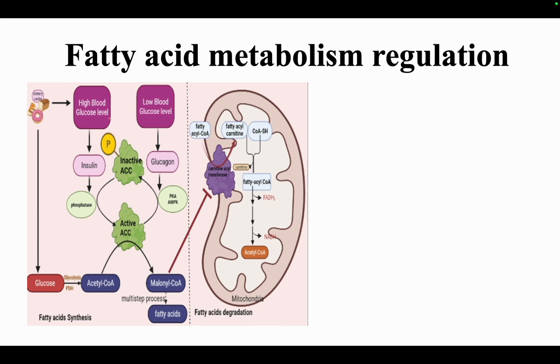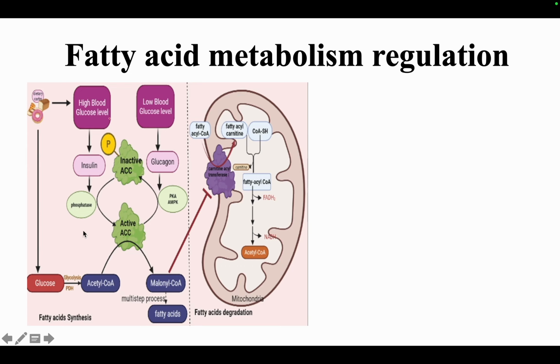Now, how is fatty acid metabolism regulated? Whenever there is high blood glucose, when we are consuming a glucose-rich diet, what will happen? It will trigger insulin to take up the glucose, and it will also activate this ACC molecule.